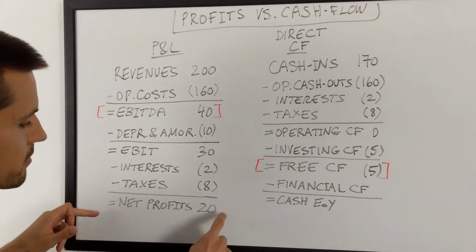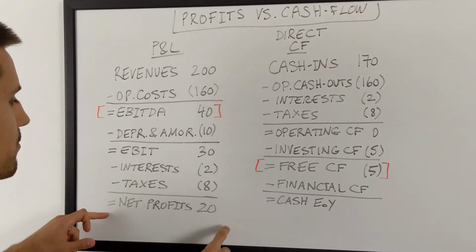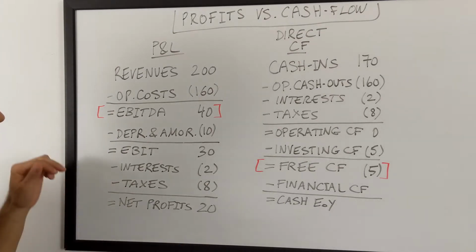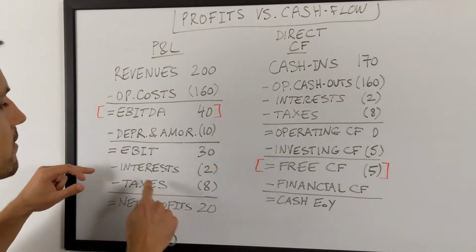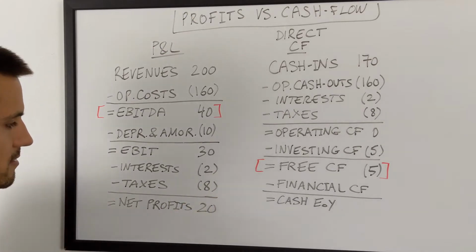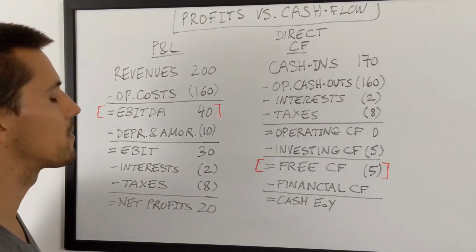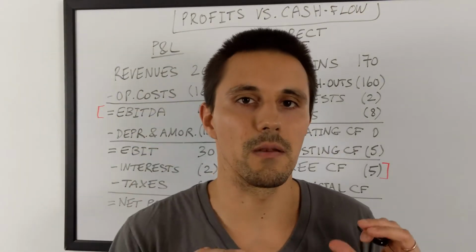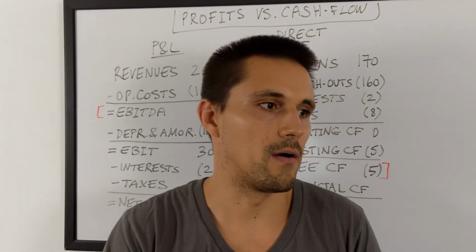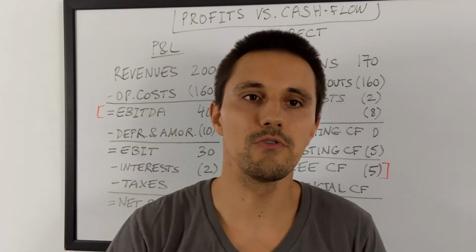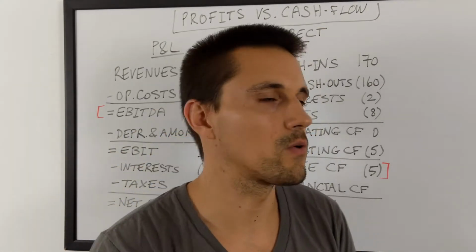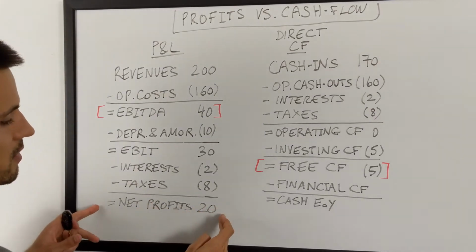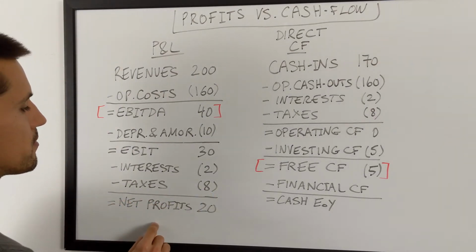If we were looking at the net profits, a lot of things have happened until you arrive at the net profits. You have some loss of value here, you have some interest, you have some taxes. So if you are a little bit familiar with accounting, there are a lot of screws where you can play a little bit. You have a little free room to play accounting-wise, so that's why there's a lot of noise in the net profits. So this one is not a good term to define the performance of the company.